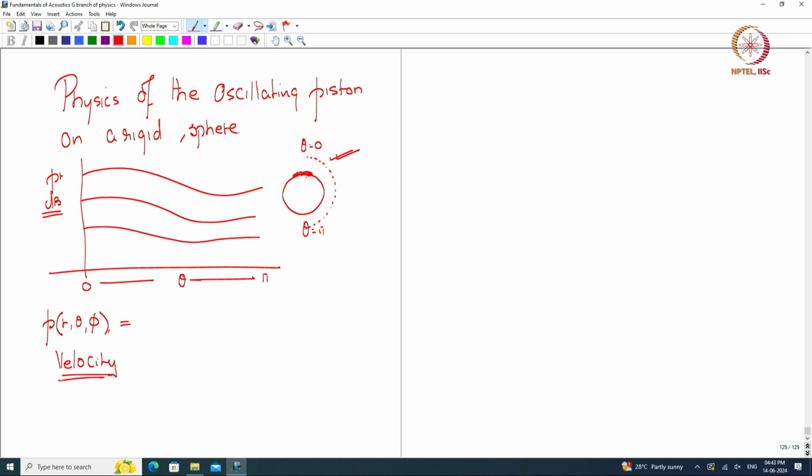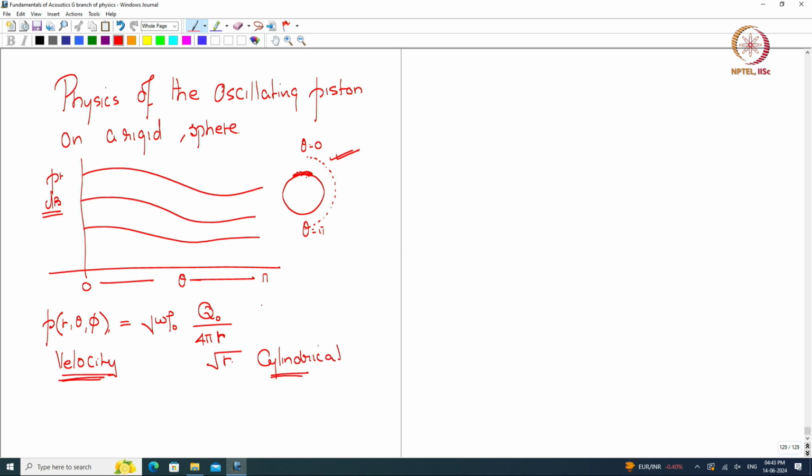So if the system is driven by a velocity, then the pressure typically has this j omega rho 0 in front, then the source strength will come somewhere, then a 4 pi or 2 pi dependence will come, and there will be a r dependence, radial dependence. This could be square root of r dependence also in cylindrical systems, but there is a decay with r as you move away from the source.